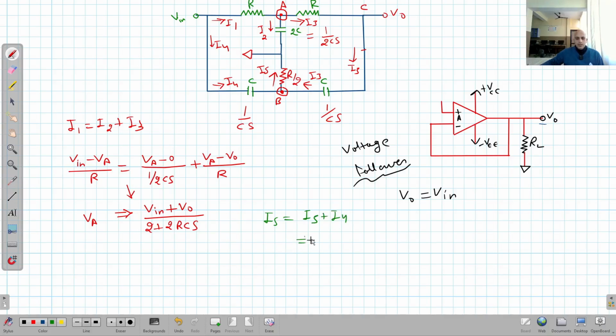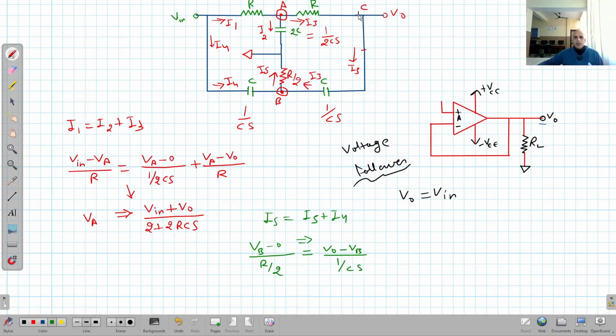I5 means (VB minus 0) upon R by 2, that is equal to I3, meaning (V output minus VB) upon 1 upon CS.